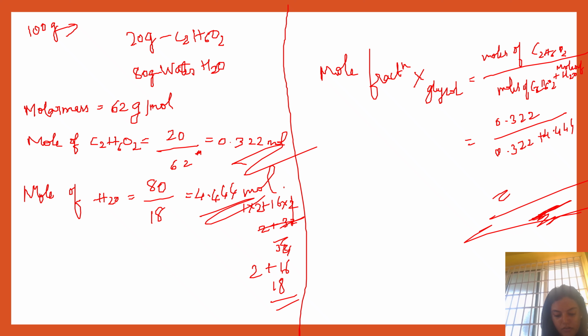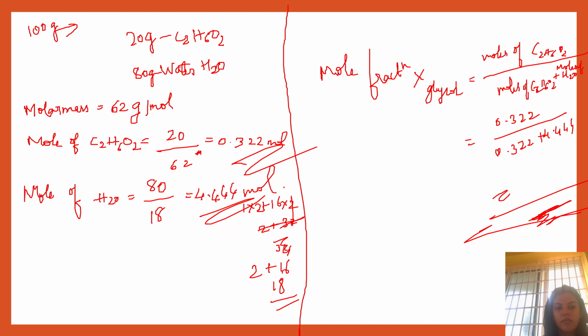To find it, we assume that we have 100 gram of ethylene glycol solution. In that, 20% is ethylene glycol, that is 20 gram of the 100 gram. So 20 gram is C2H6O2, then 80 gram is water, that is H2O.